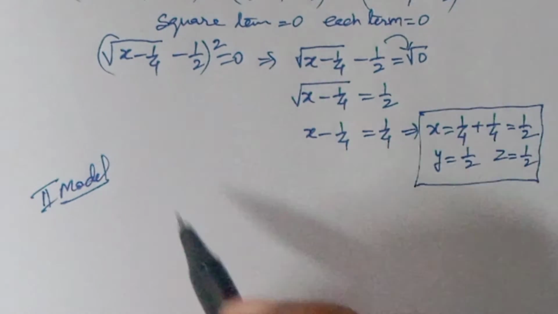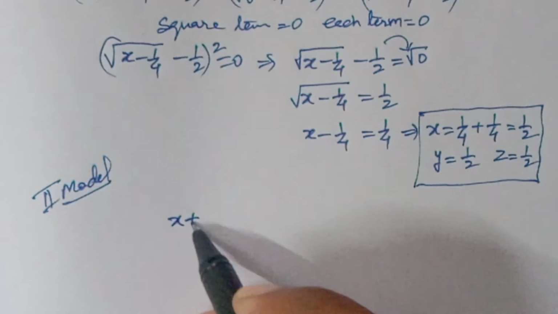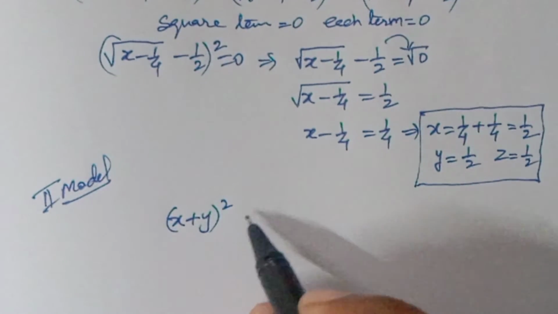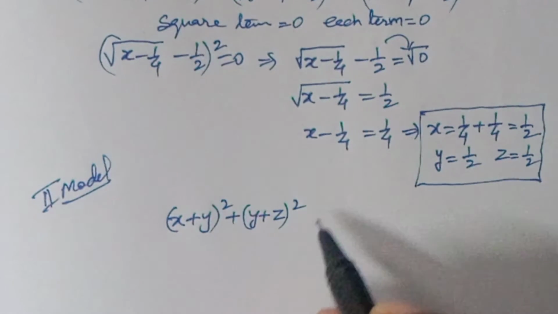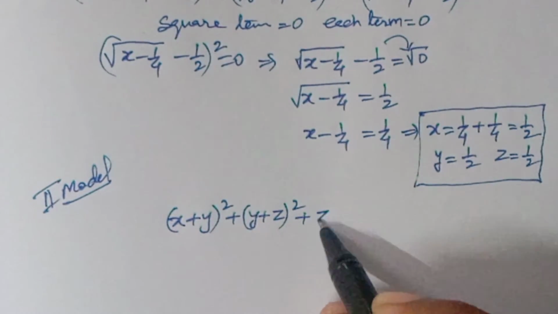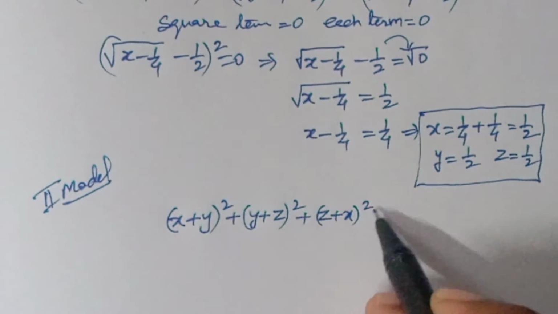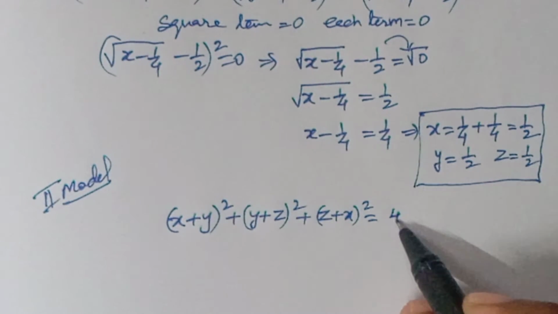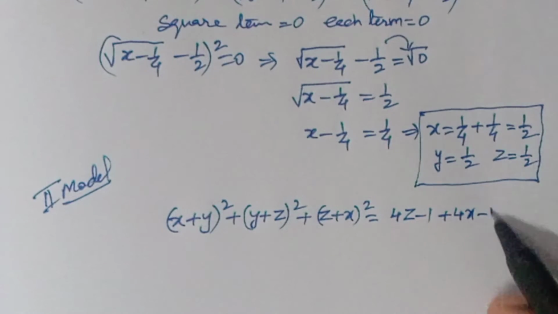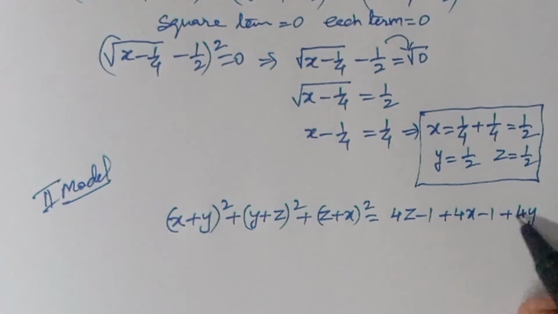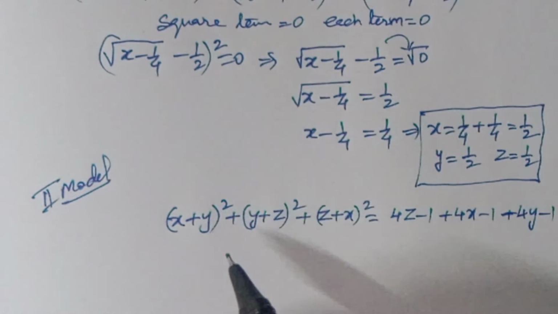So here we will get (x plus y) whole square plus (y plus z) whole square plus (z plus x) whole square is equal to 4z minus 1 plus 4x minus 1 plus 4y minus 1.